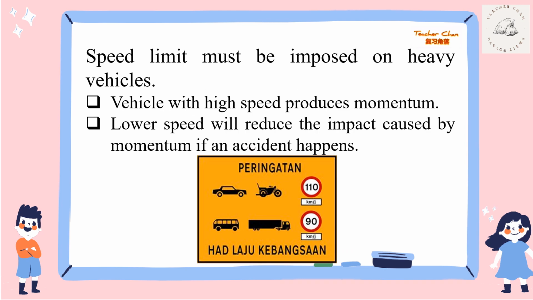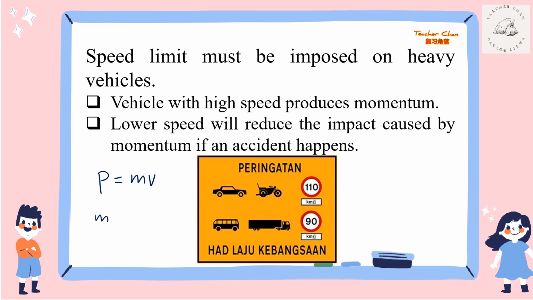A speed limit must be imposed on heavy vehicles like lorries. So why must the lorry have a speed limit? It is due to the formula that we just learned. Momentum is equal to mass times velocity.